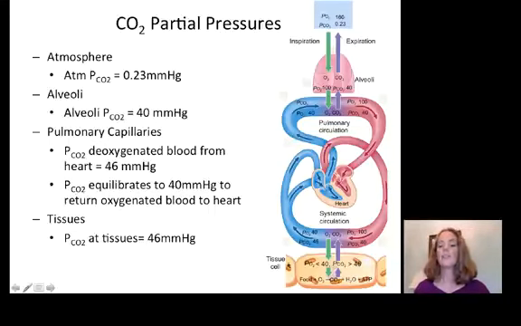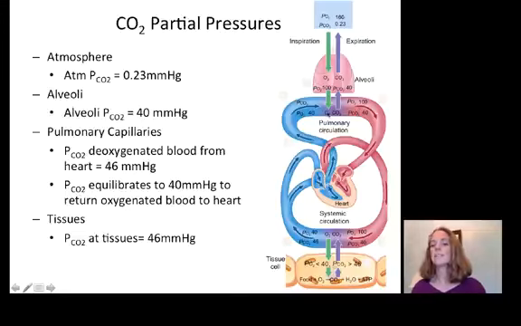So now let's look down at the tissue level. What is happening at the tissue level? At the tissue level, the tissues are actually producing carbon dioxide. So as they produce carbon dioxide, they're going to have a PCO2 of about 46. That production of carbon dioxide is going to be higher than the PCO2 of the blood coming in.